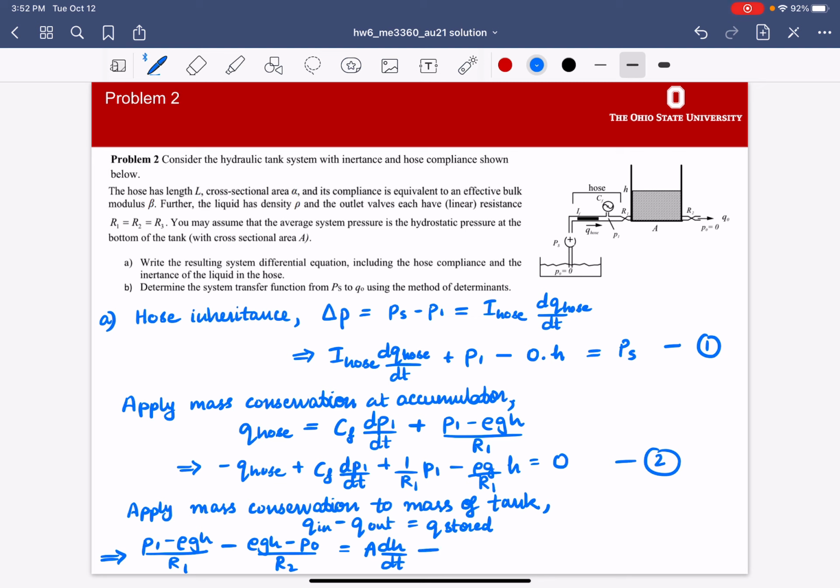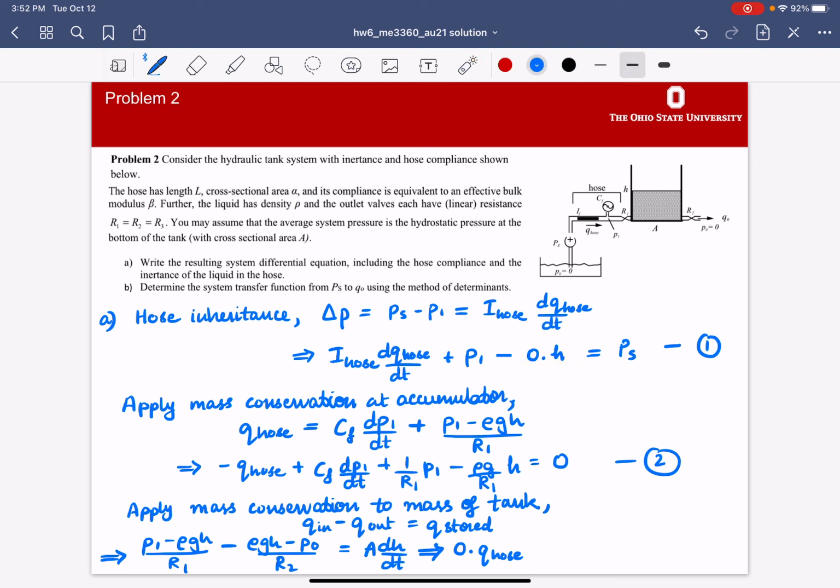And we can again transform this a little bit so that it fits the form that we are looking for. So in this equation, we don't have the Q hose term anywhere, so we have a coefficient of 0 multiplying it before that. So very similar to this 0 times H term that we did for equation 1.